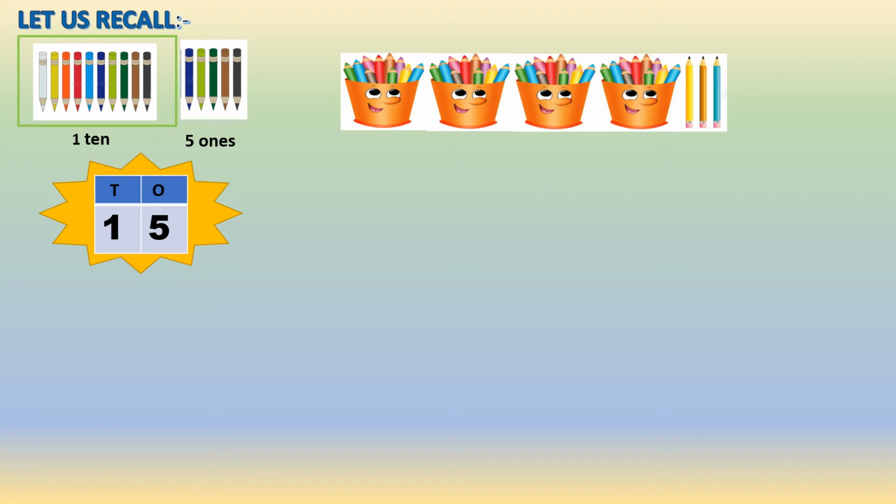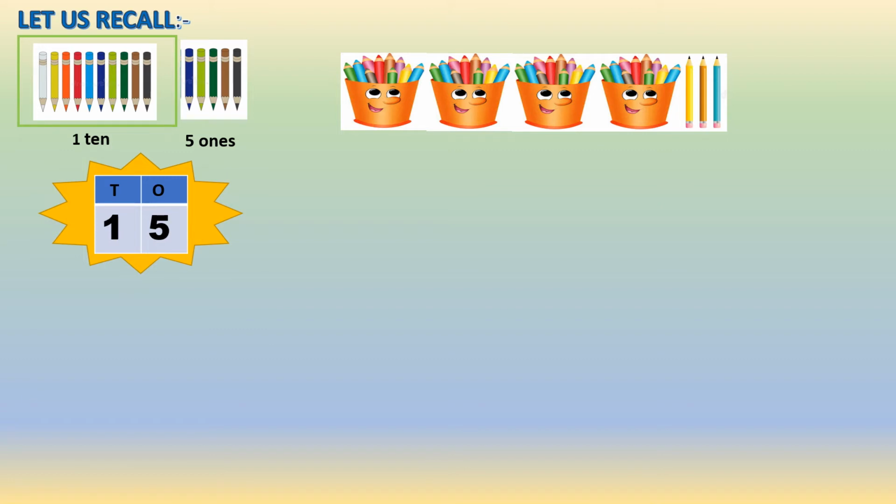Let's place the 10 pencils in a pencil holder. Can we have some more? Yes, there are 3 more pencil holders with 10 pencils in them. But look, there are 3 pencils that are not in the holder, they are lying outside. That means we have 40 pencils and 3 loose pencils.